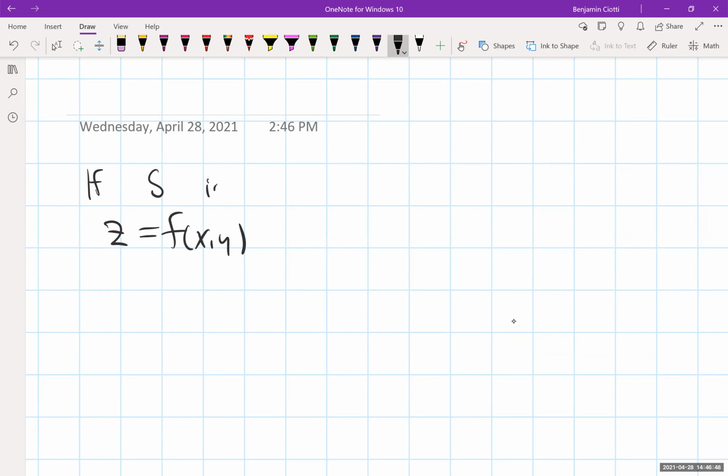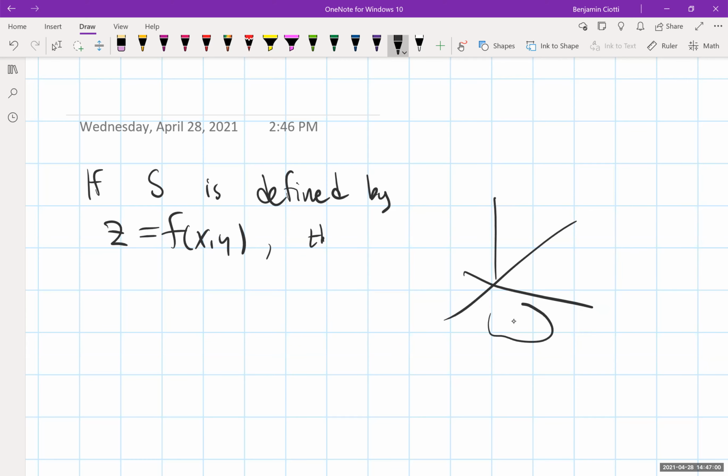If S is defined by Z being some function of X and Y, so X and Y live in some domain, and then your surface is some surface that's on top of the domain.